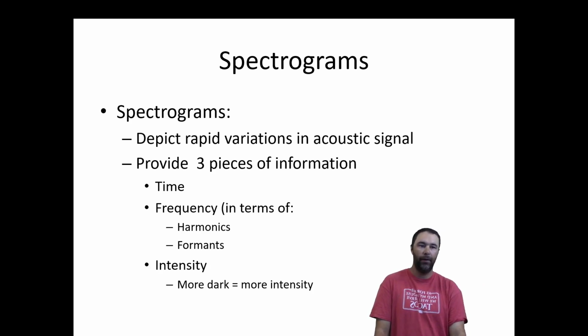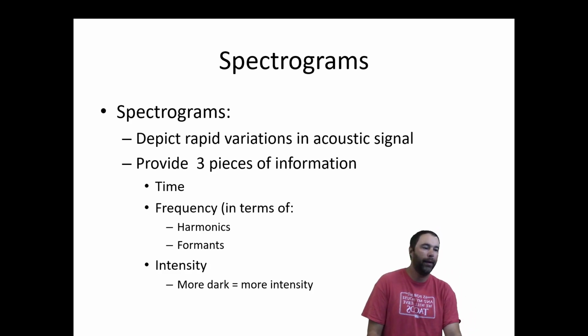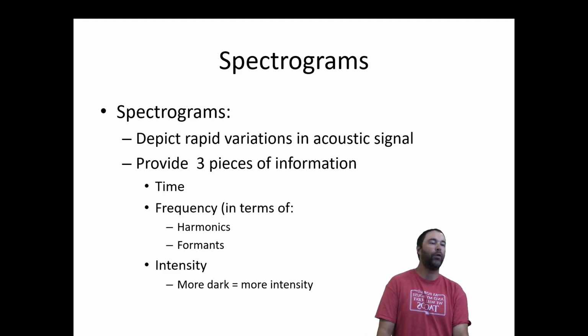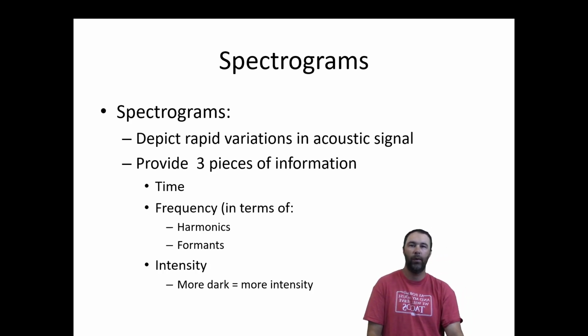You can look at time on a broad scale, in terms of utterances, but you can also look at it on the millisecond level, looking at differences within an individual phoneme from when you start doing one thing to when you start doing another, because some of our phonemes are going to shift, not just our diphthongs, but our affricates and our plosives, which all have different phases involved with them.